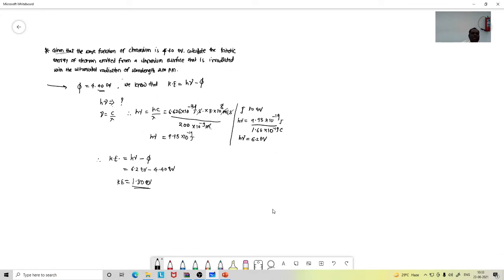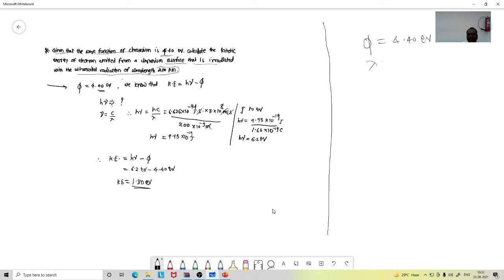Next problem. Given that the work function for chromium is 4.40 electron volt. So what is given? Phi is given, that is 4.40 electron volt, right? Calculate the kinetic energy of the electron emitted from the chromium surface that is irradiated with ultraviolet radiation of wavelength 200 nanometer.